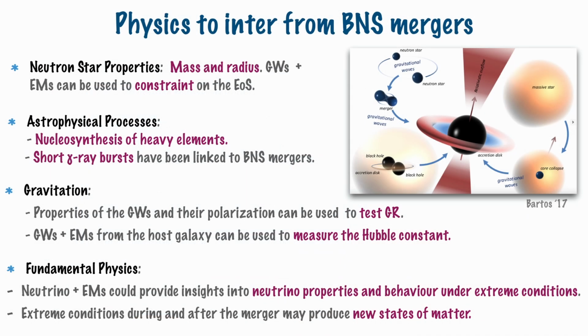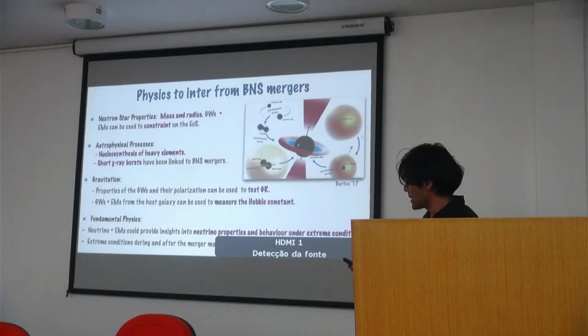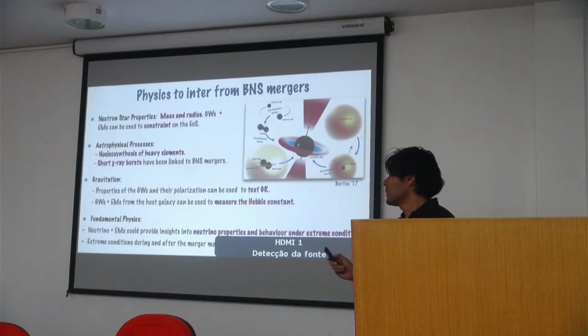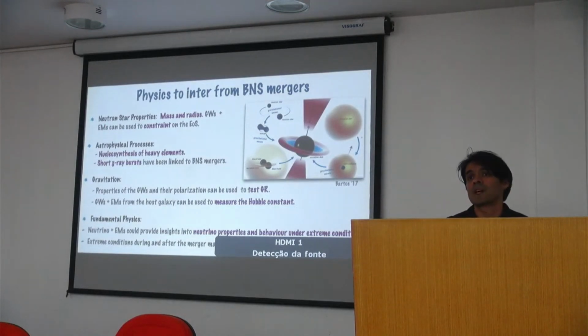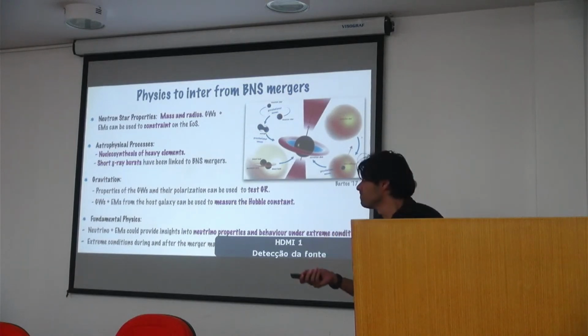So we have done a bunch of physics using this observation. For example, with Newton star properties, just using gravitational waves combined with the electromagnetic signal, we have constrained the equation of state, and we know, for example, what is the maximum mass that a spherical Newton star can have.